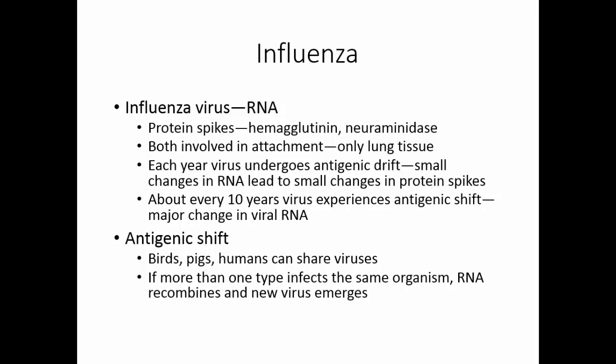As the viruses start to put themselves together, we get major changes in the RNA. This is antigenic shift. Antigenic shift has been responsible for major pandemics. One of the worst influenza pandemics was the one in 1918-1919. This was right at the beginning of World War I. More people died as a result of influenza worldwide than died in World War I.